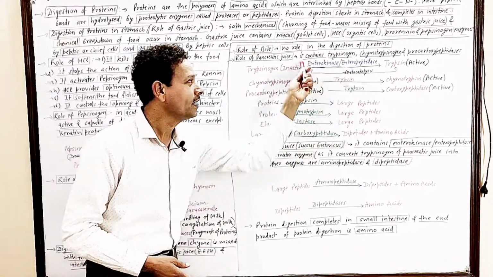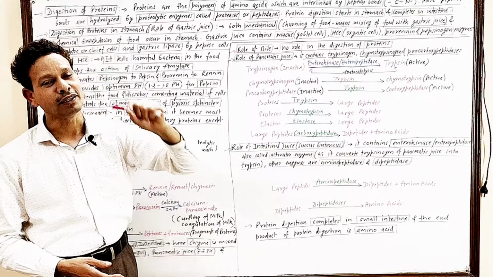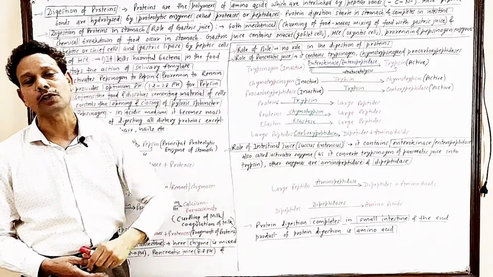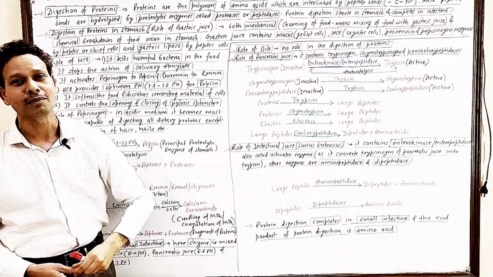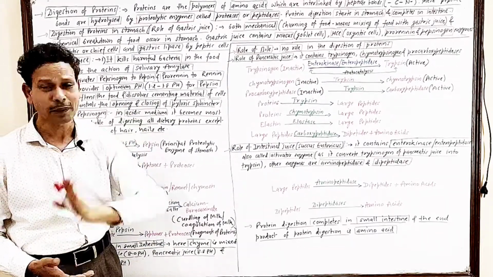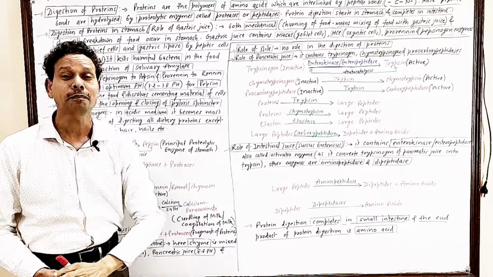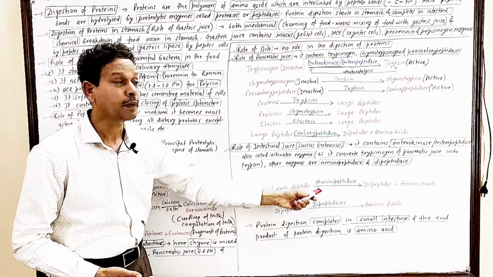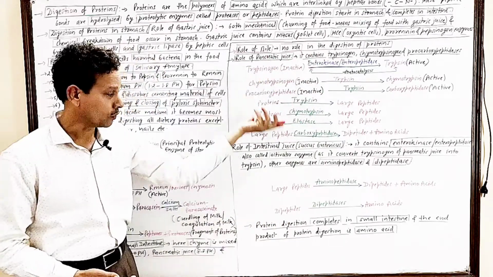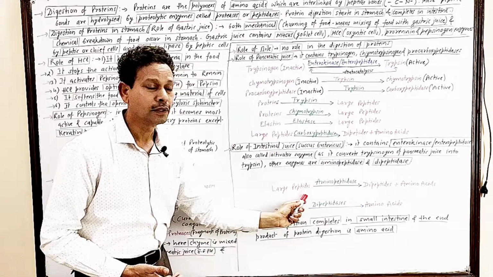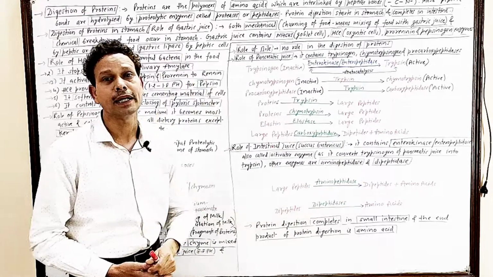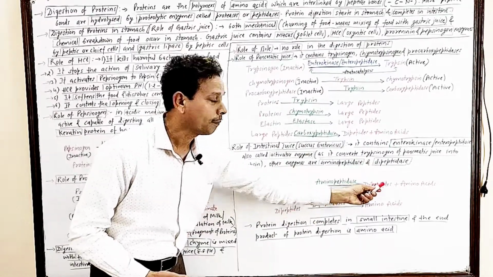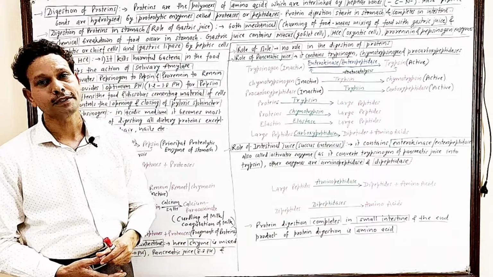One is enterokinase, which is involved in the activation of trypsinogen of pancreatic juice, and two more enzymes: aminopeptidase and dipeptidases. The large peptides of pancreatic juice, in the presence of aminopeptidase, are converted into dipeptides and amino acids.